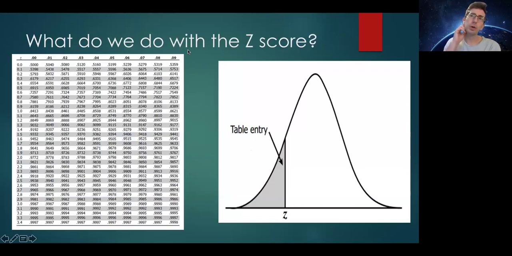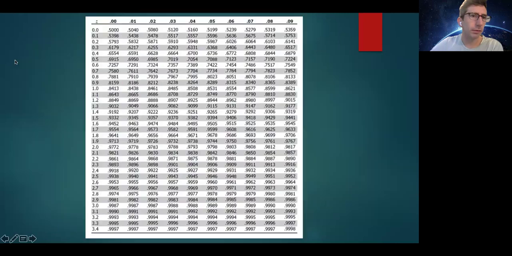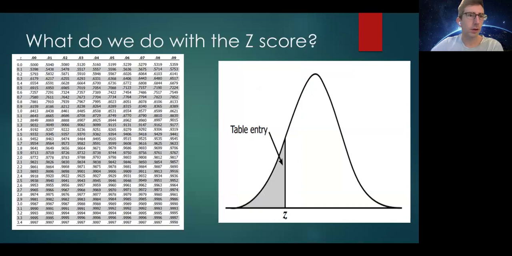Okay, so now what do we do with the z-score that we have calculated? We look up the z-value in this table. Top left of this table, this z here. So these values all down this column are different z values.